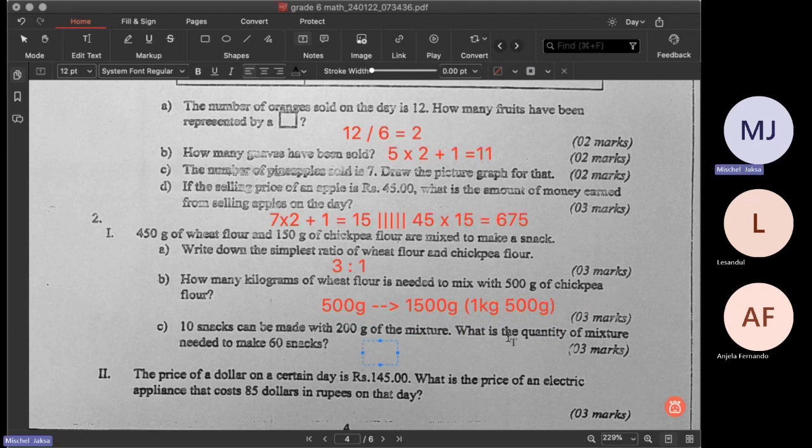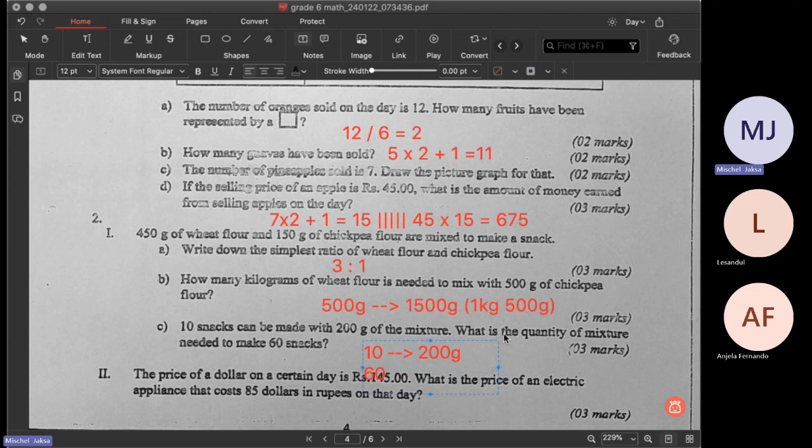Question number C. 10 snacks can be made with 200 gram of mixture. What is the quantity of mixture needed to make 60 snacks? So 10 snacks can be made with 200 grams. So they are asking for 60.